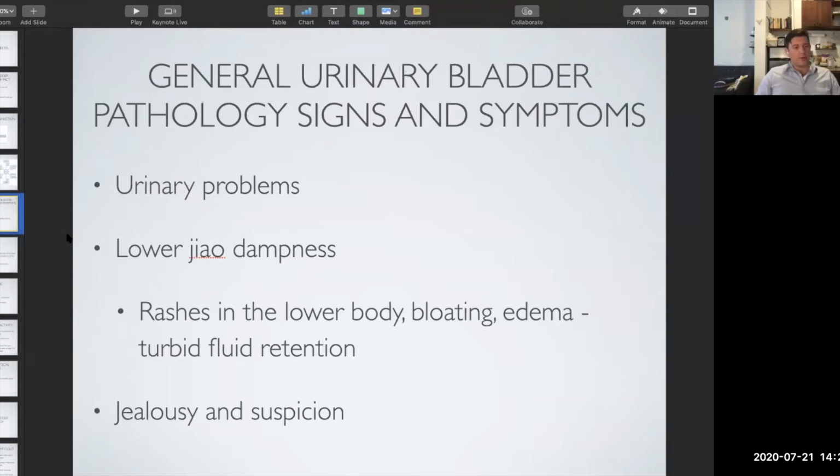So for example, if a person has a tendency to not completely void their urine and it's full of turbidity, we might expect that turbidity to begin affecting the surrounding areas.